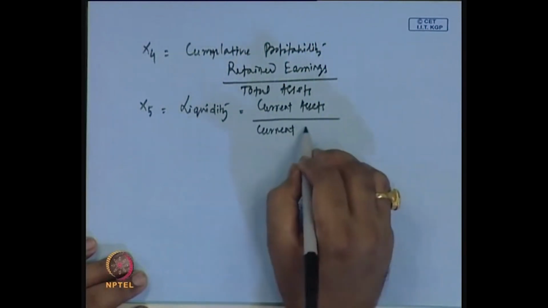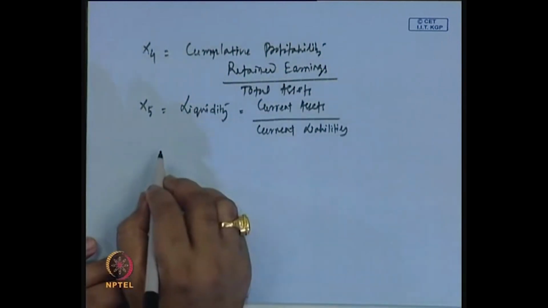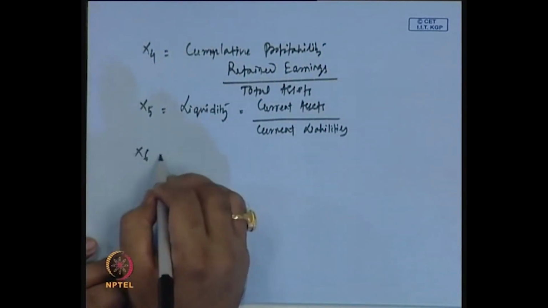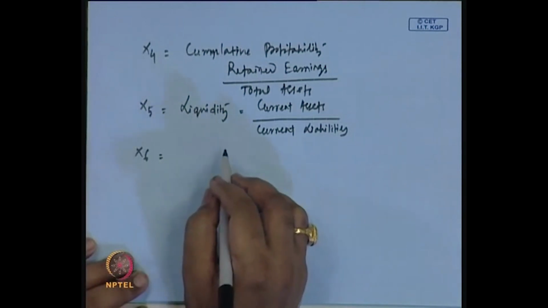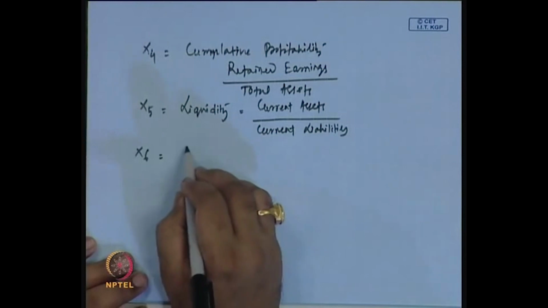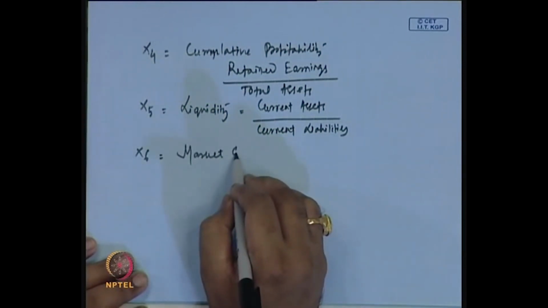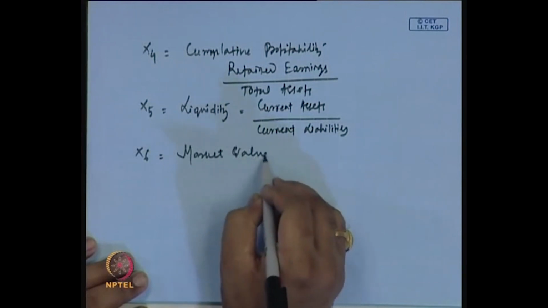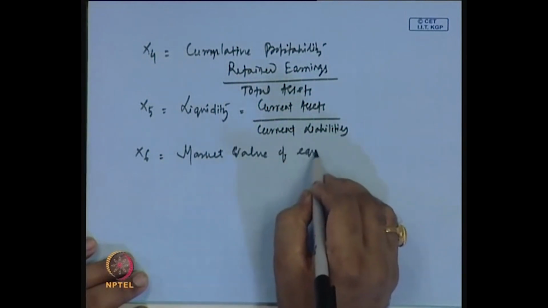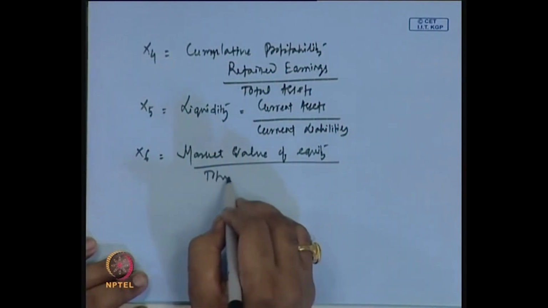This is the current assets by current liabilities. Then you have x 6, which is nothing but the market capitalization level, or we can say the market value of equity by the total capital.